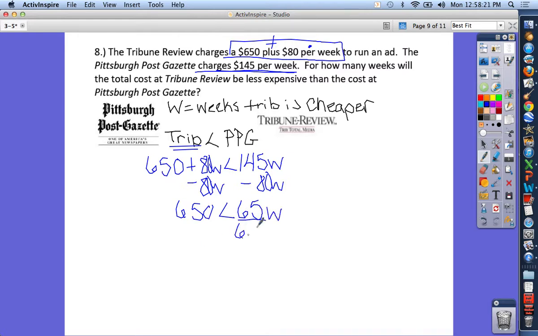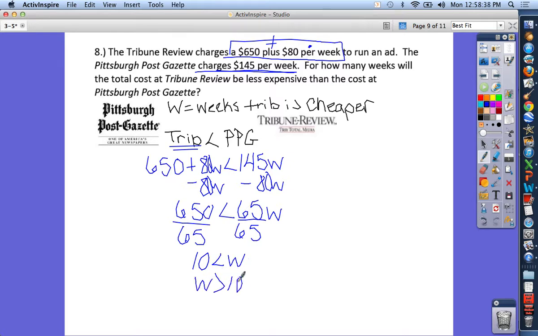Divide both sides by 65. 650 divided by 65 gives you 10. So 10 is less than W, or W is greater than 10.